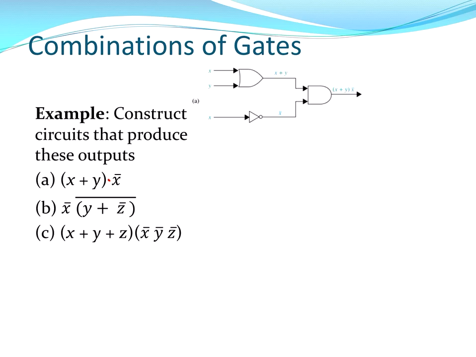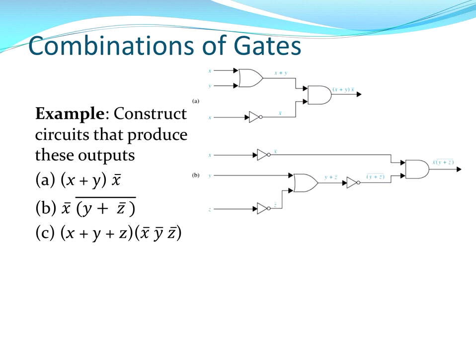Here's what that will look like. We pass x and y through a Boolean sum, an OR gate, to get x plus y, pass x through an inverter to get x complement, and then we multiply those together to get the value of the function, or the expression of the function.